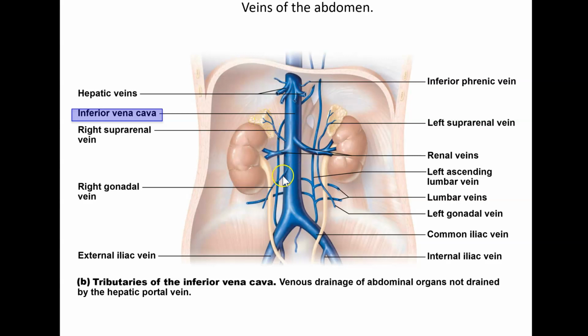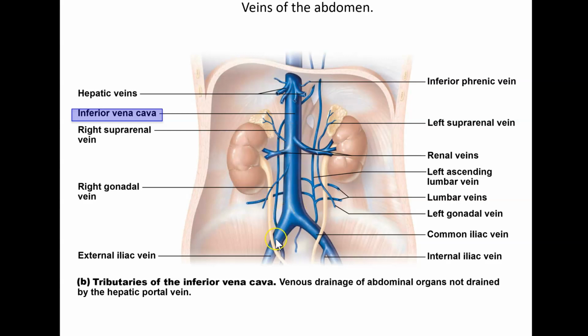We also see our gonadal veins. So notice how this right gonadal vein is draining directly into the inferior vena cava, but on the left side, this gonadal vein is draining into the left renal vein, which then will drain into the inferior vena cava. So a little bit of a difference there.